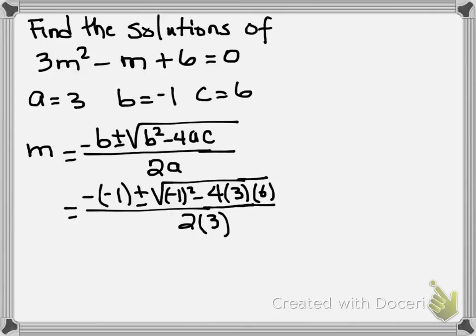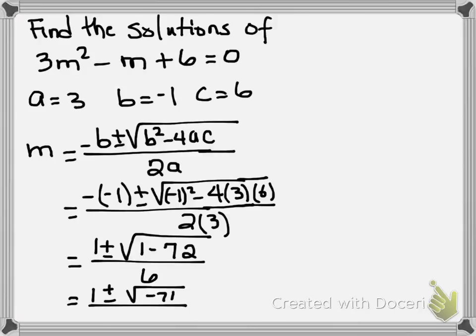Alright, now let's do the arithmetic. We get a positive 1 plus or minus the square root of 1 minus 72 over 6. And we end up with 1 plus or minus the square root of negative 71 over 6.